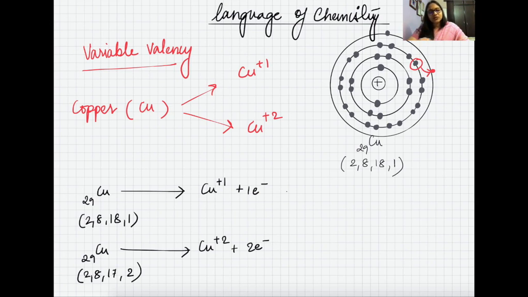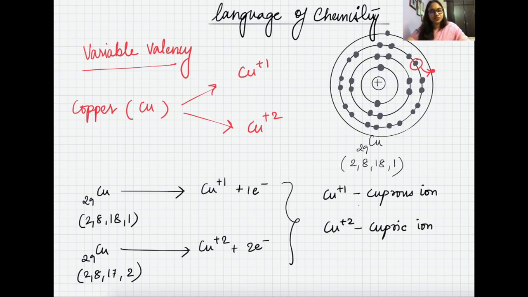In this case, the outermost shell contains 2 electrons, which are furthest away from the nucleus, and therefore it becomes easier to remove those 2 electrons. On losing those two electrons, copper develops a +2 charge. So this is how copper develops a +1 charge and a +2 charge.